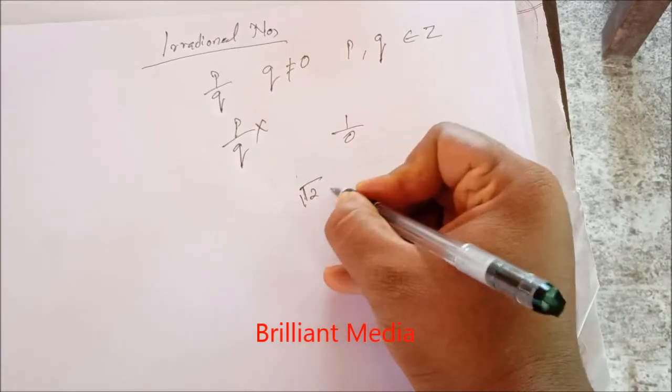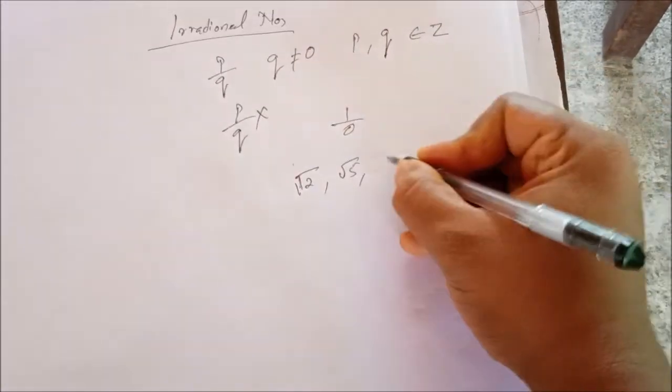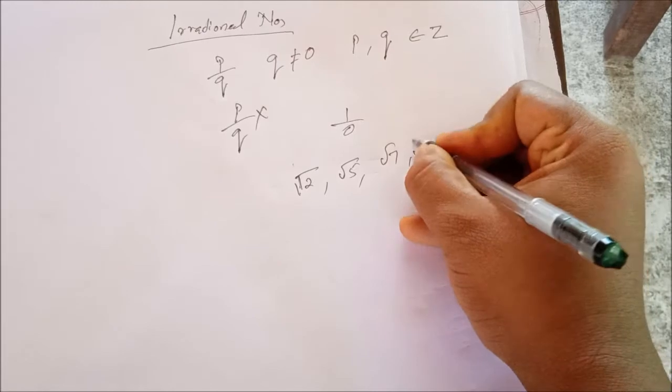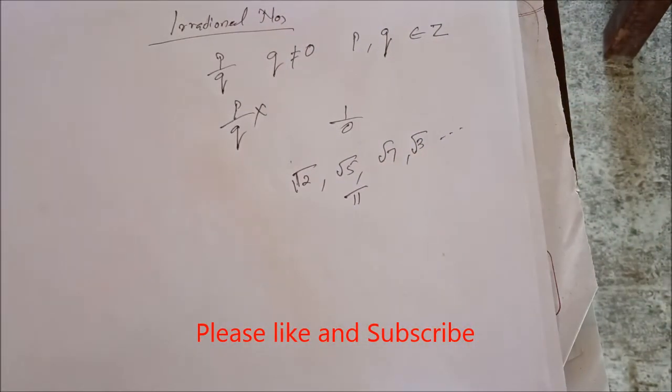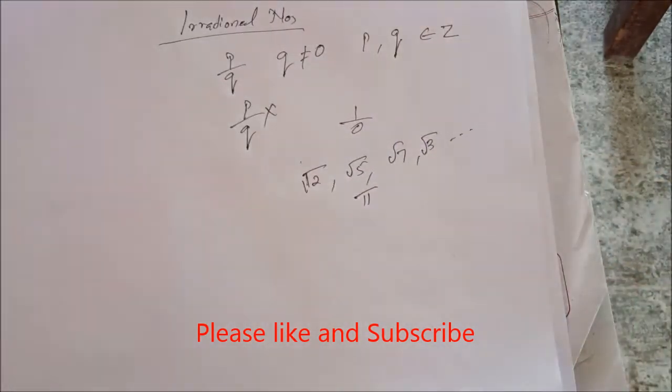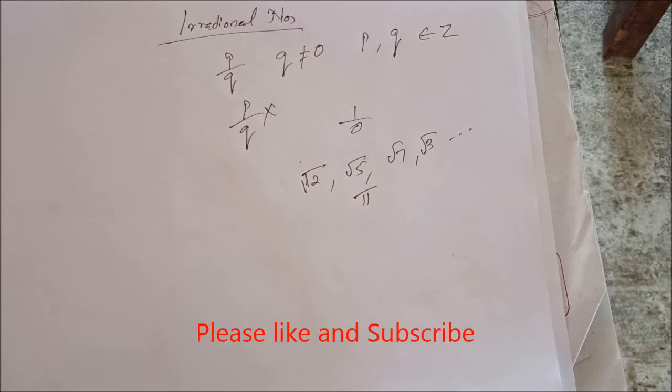Yesterday we discussed radicals like root 2, root 5, root 7, root 3, etc., and pi. These are examples of irrational numbers. The proof of irrationality we will discuss in the 10th standard. This year we are discussing only these things.